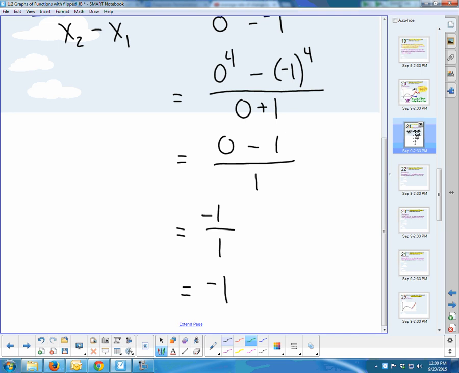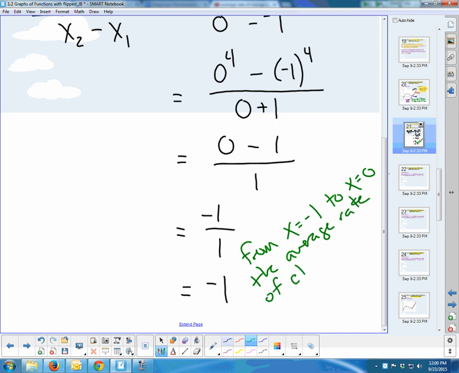And what this means is from x equals negative 1 to x equals 0, the average rate of change is negative 1.